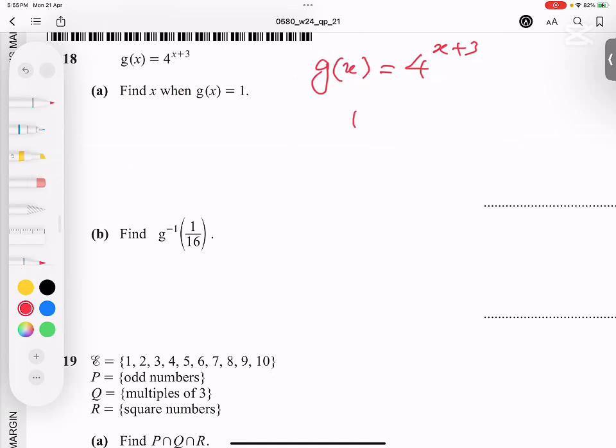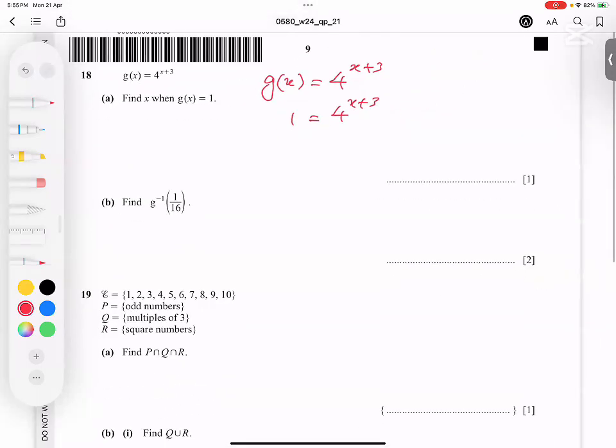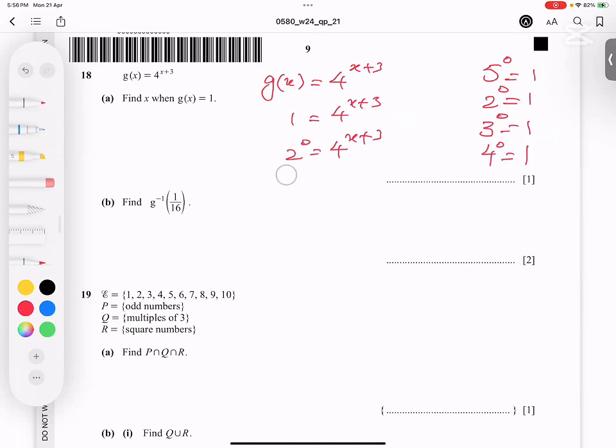1. Here, this is the topic of indices, student. In the beginning of this paper I mentioned something: 5 to power 0 is 1, 2 to power 0 is 1. If I write 1 as 2 to power 0, it is not useful. 3 to power 0 is 1, but what about 4? 4 to power 0 is 1 is beneficial.